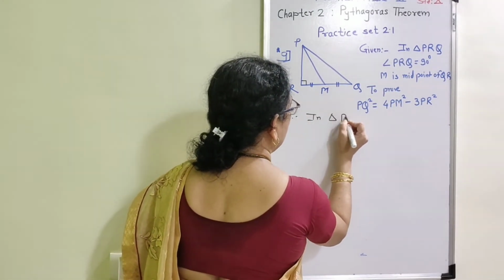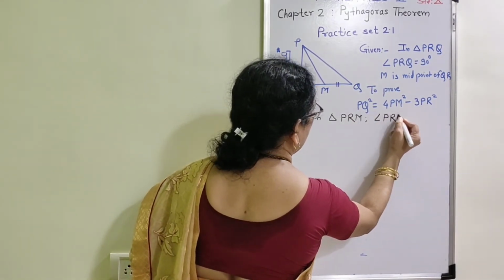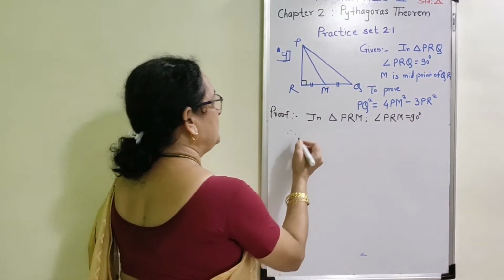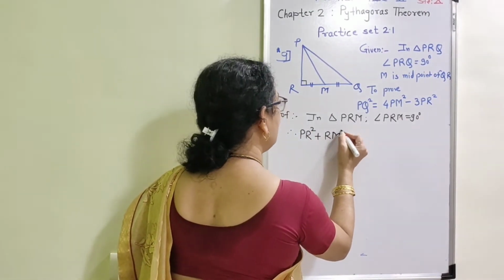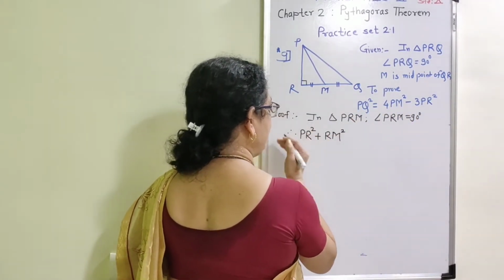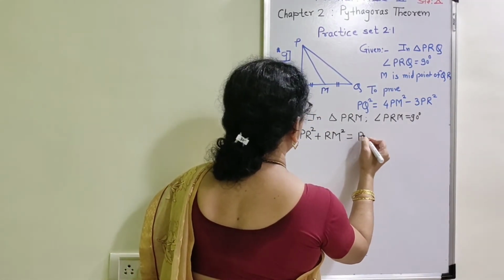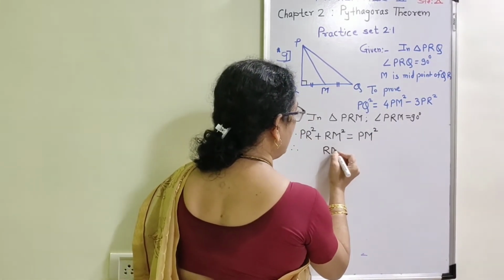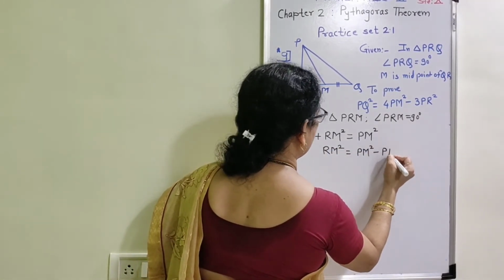In triangle PRM, angle PRM is equal to 90 degree, and therefore PR square plus RM square is equal to PM square, where PM is the hypotenuse. Since I want the value of RM square, RM square is equal to PM square minus PR square.